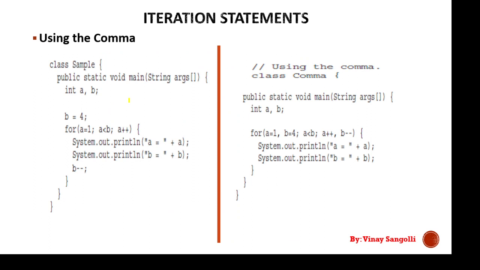Next variation is, please observe this program first, that is the left hand side program. What happens usually is we will be defining multiple variables. For has given us a provision wherein we can define these multiple variables within the loop itself, using the comma operator.